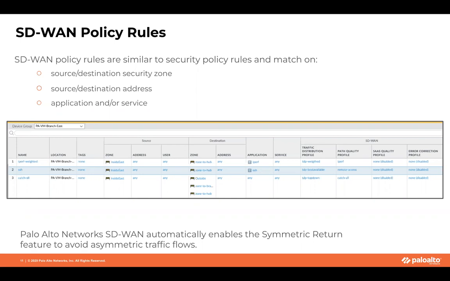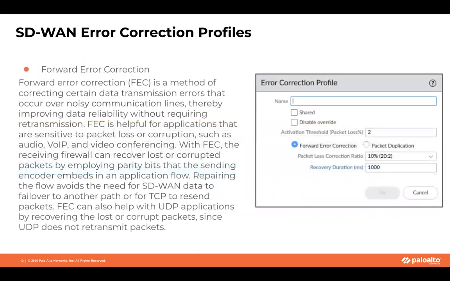I won't talk too much about these, but as part of the 10.0 release, a couple of other things were introduced from the configuration perspective in SD-WAN: SD-WAN link management profiles. You won't see them a lot, but we introduced two additional functionalities from the error correction perspective. In 10.0.3, we introduced forward error correction for SD-WAN, or FEC.